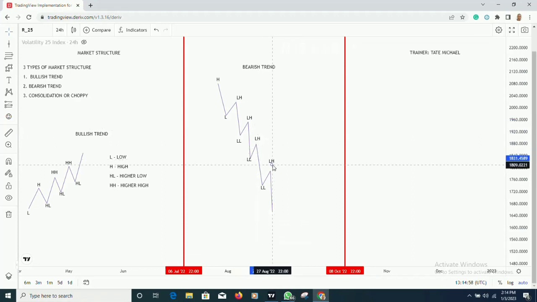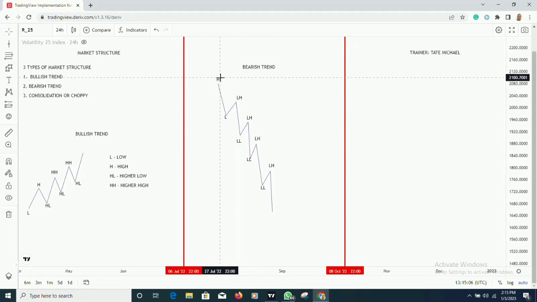So basically, just like the bullish trend, this is the bearish trend. This is the high. This is the low. Now this lower high means this point is lower than the previous high. Lower low means that this point is lower than the previous low. Lower high means this point is lower than the previous high. Just like that. It's not rocket science. That's the idea of this.